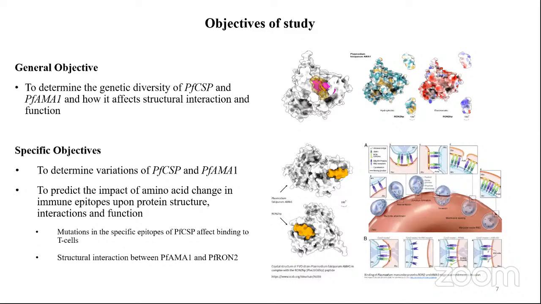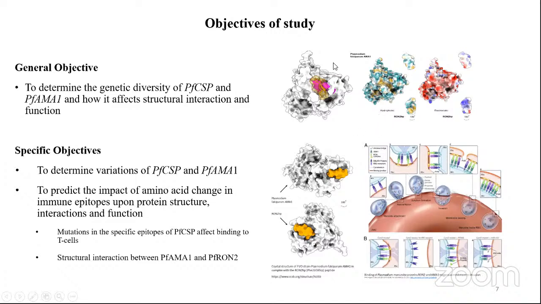These 2 proteins form moving junctions at the external membranes of merozoites to be able to invade the host cell's erythrocyte. So we want to see if diversity of AMA1 can affect binding of PfRON2 and how this binding will affect entry into the host erythrocyte.